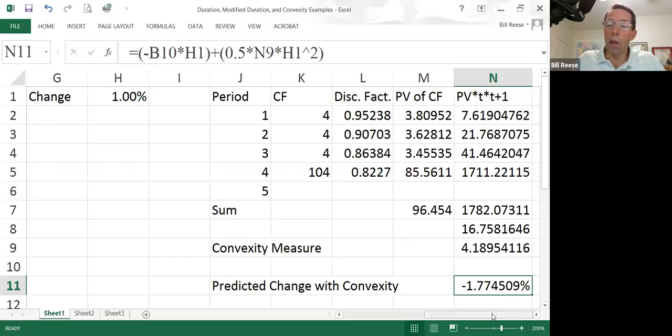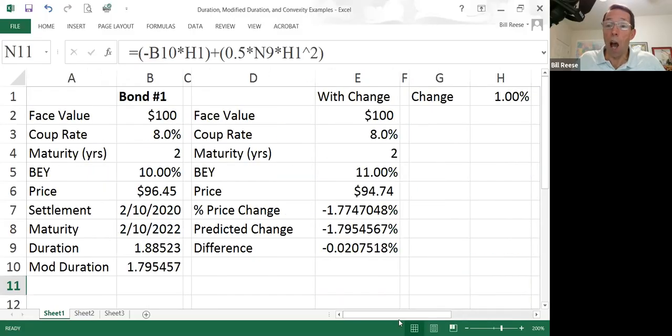Now, although adding convexity in does a better job of predicting the price change, most practitioners won't go that far unless they really want to be precise on things.